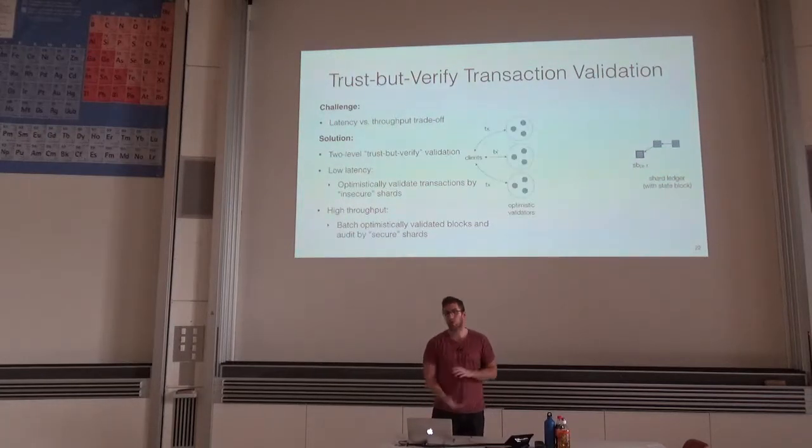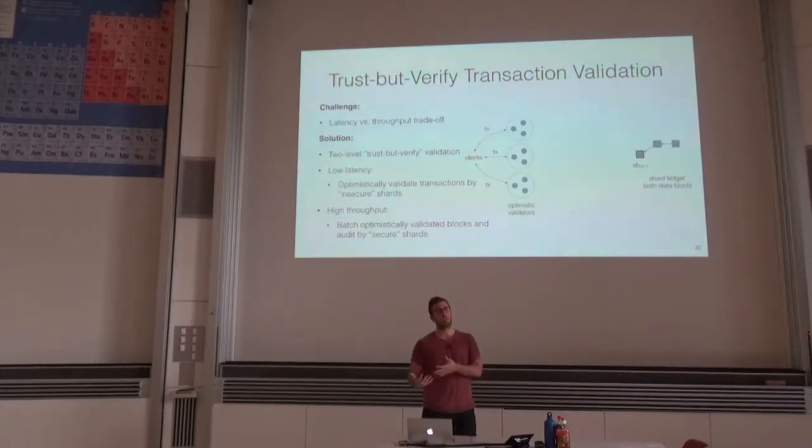We have two layers of validation. The first layer is the optimistic layer, where we have very small shards that validate transactions very quickly. The client can request the validation of their transaction on those small shards, and on reception of acceptance, he can go on with his life if he believes that the value of his transaction is so low that there is no incentive to be attacked.